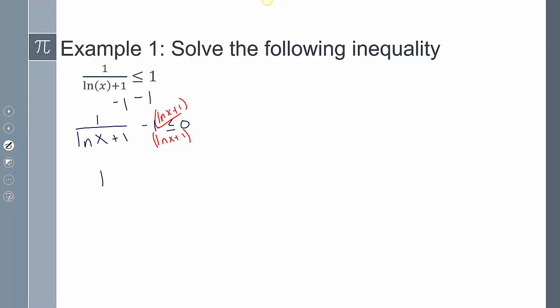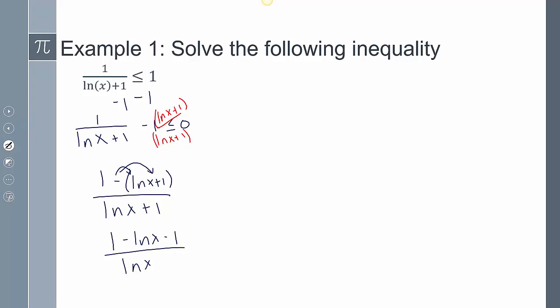And so I get 1 minus (ln x plus 1) over ln x plus 1. That negative distributes, so I get 1 minus ln x minus 1 over ln x plus 1. The 1 and the negative 1 cancel out, and so I get negative ln x over ln x plus 1. And this is less than or equal to 0.